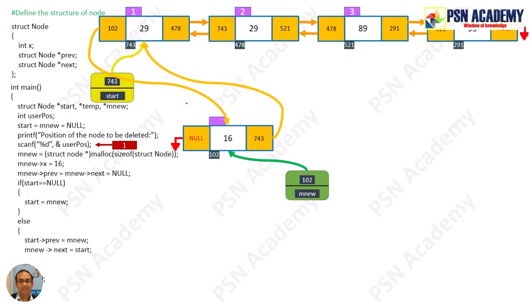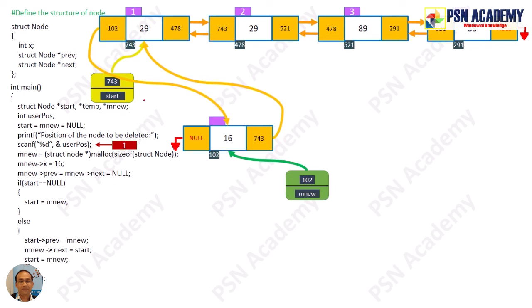So you see that start is still pointing to the node at 743, which is actually the second node now. But it should point to the node at 102, because this node at 102 is the first node now. So you write start equal to mnew.